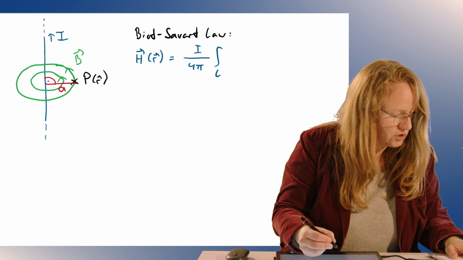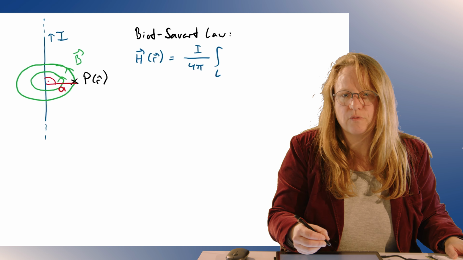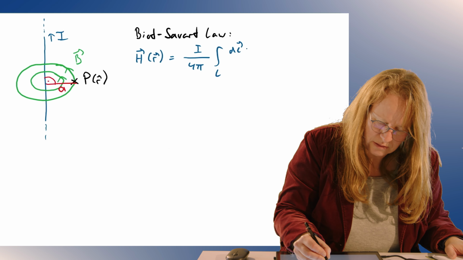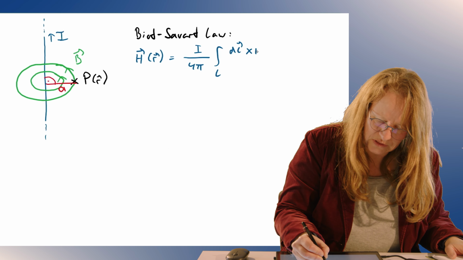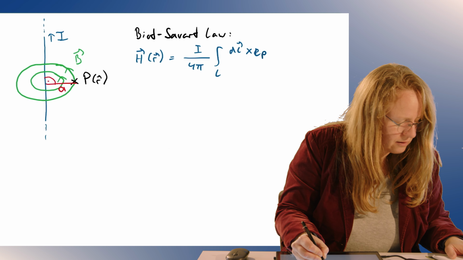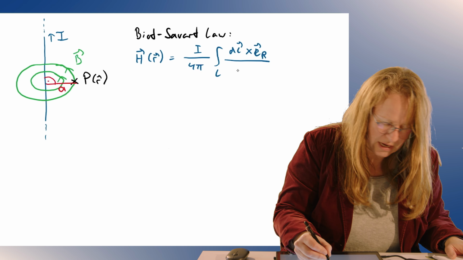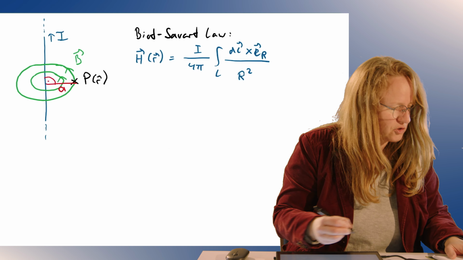And then we have to integrate over the wire line L, dl cross ER, so this unit vector in R direction divided by R squared.